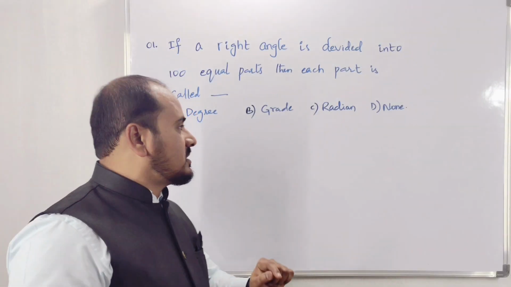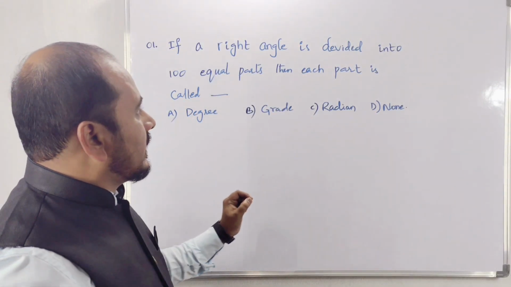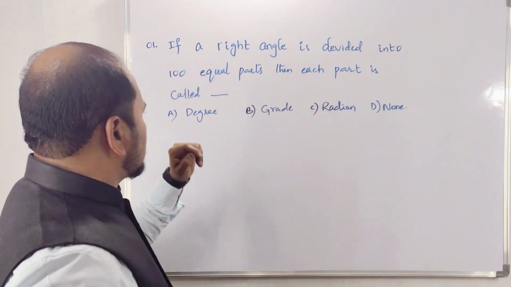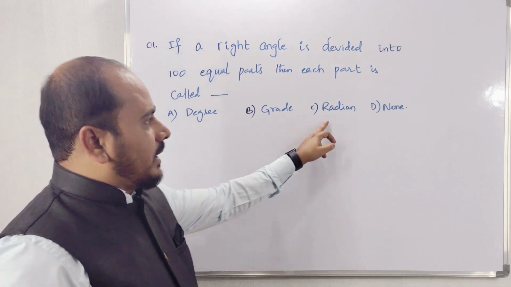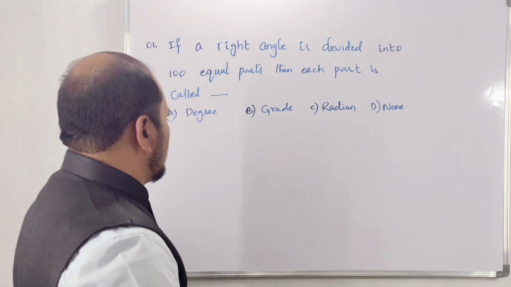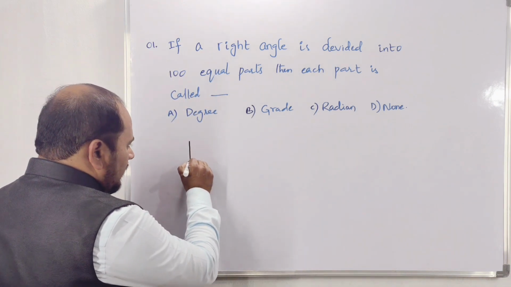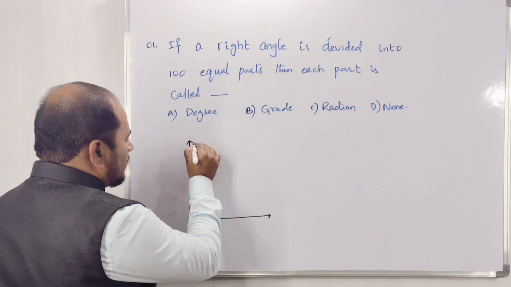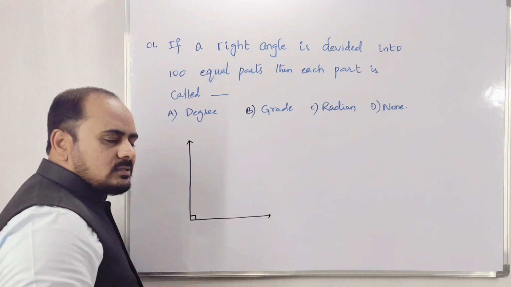We can start our first question. If a right angle is divided into 100 equal parts, then each part is called degree, grade, radian, or none of the above. As we know very well, a right angle is nothing but the angle made with two perpendicular lines.